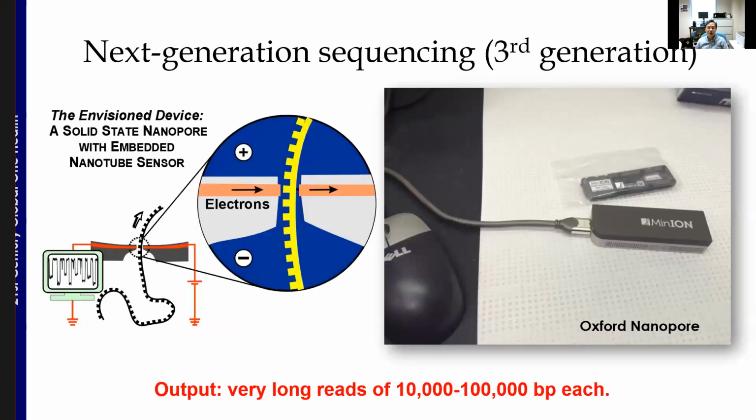What is good about third generation sequencing technology is that it can generate very long reads. The reads are the fragmented DNA you can generate. In this case, Oxford Nanopore technology can generate reads on average over 1,000 or maybe 1,500 base pairs, and even 10,000 or longer.